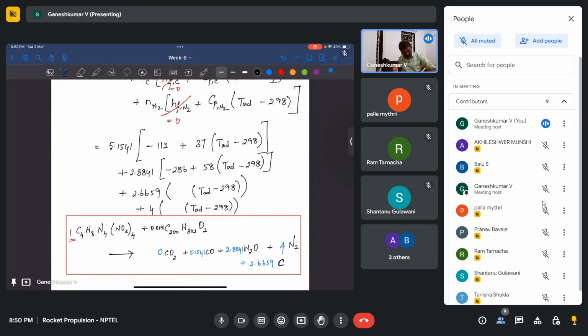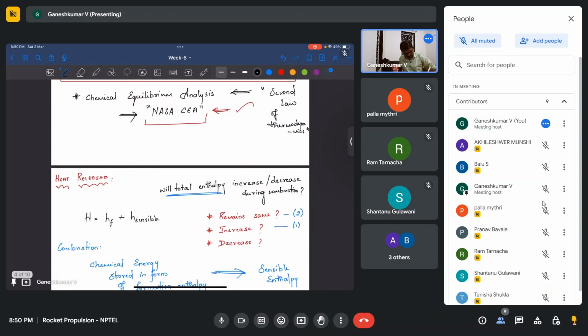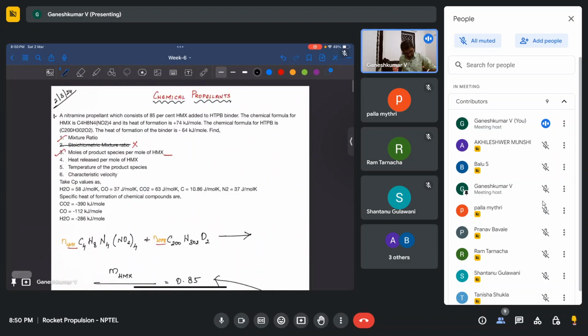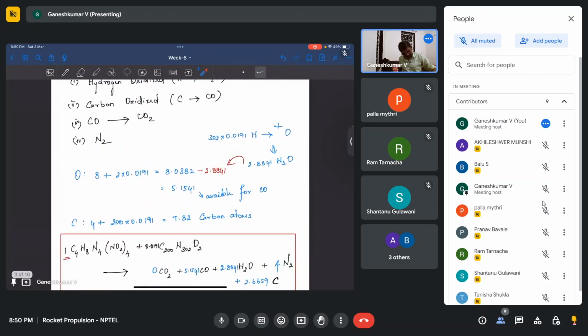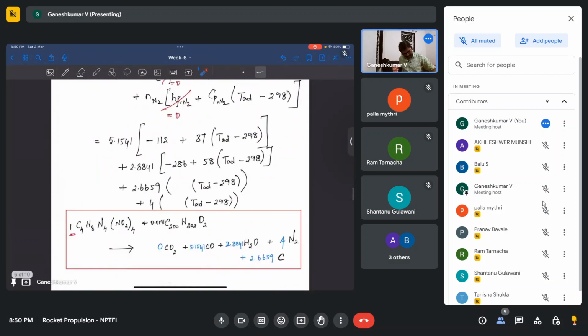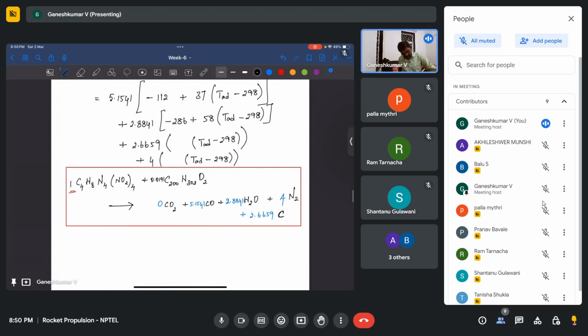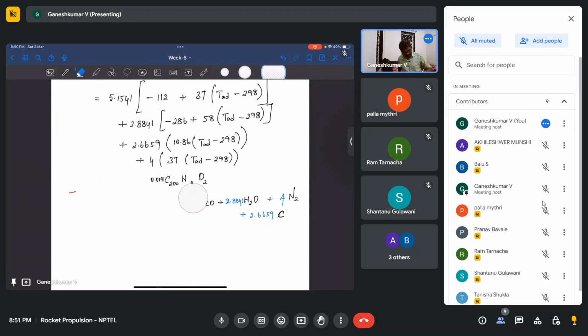I expect nitrogen also should be around the 30s. Usually biomolecules are in the 30s, yeah, 37. This is 10.86. So this is 37, this is 10.86.